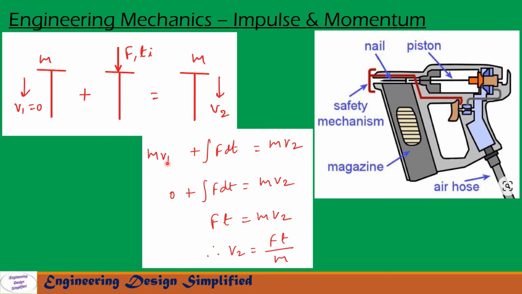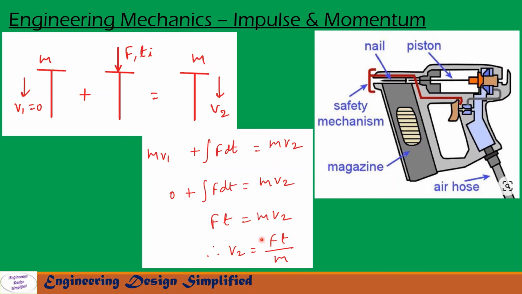In this equation v1 is 0, so this becomes the integral of F dt equal to m v2. From this we can find the velocity of the nail after impact, or just before penetrating into the wooden block: v2 is equal to F into t by m.